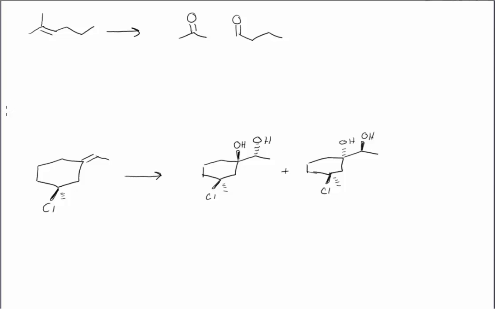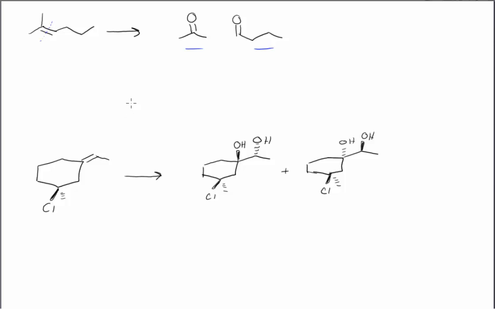The third option here shows us this 7-carbon alkene, and then we have what sort of looks surprising. We have these two products here that are separate, and both of them have carbonyl functional groups. So this is a unique reaction that basically cleaves the alkene.